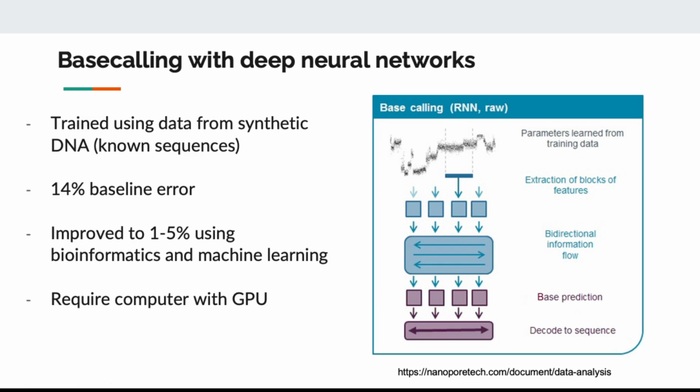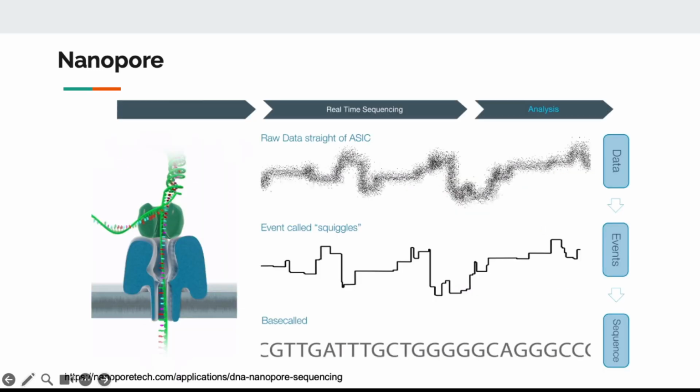But what we can do is, now that we have technology that can synthesize DNA, you can create synthetic DNA with known sequences. And you can specify A, T, C, G, you can synthesize it. And once you synthesize the DNA with known sequence, you can put it through nanopore, and you get the signal.